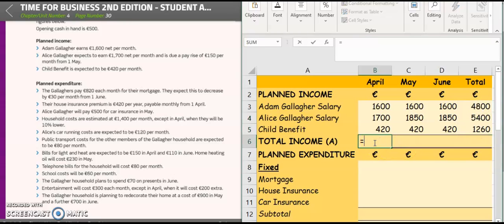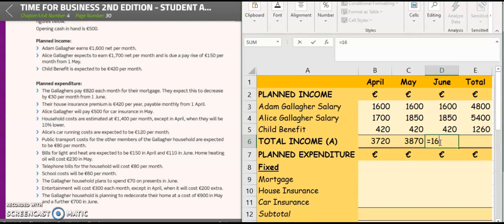So in your calculator, you're going to put 1,600 plus 1,700 plus 420, and that's going to give you 3,720 for the income for April. For May, 1,600 plus 1,850 plus 420. That's going to give us 3,870 for May.